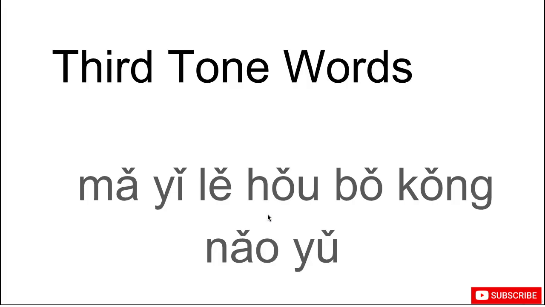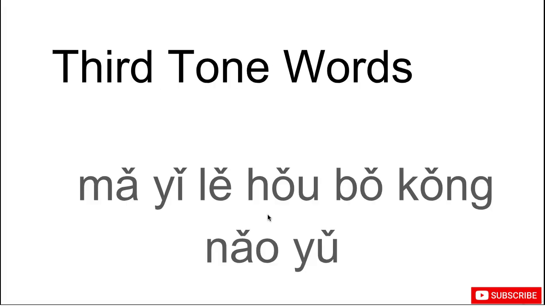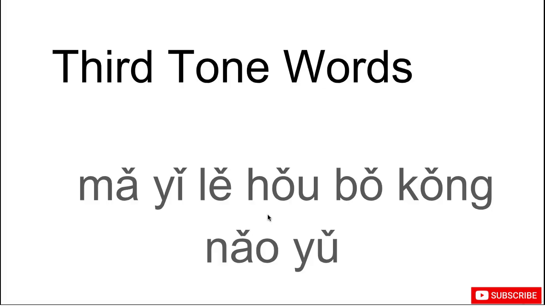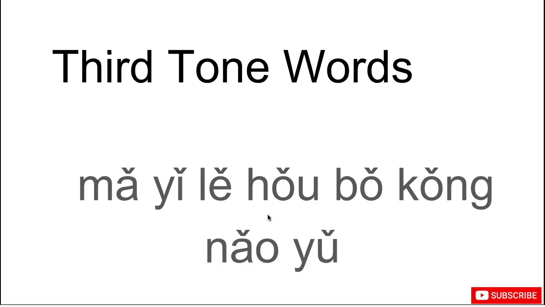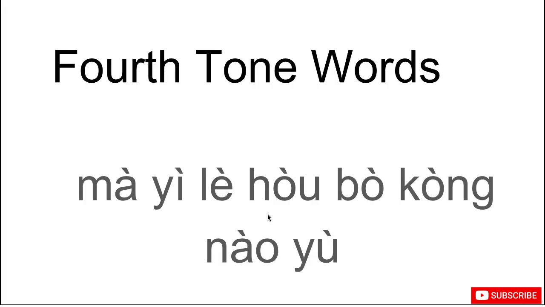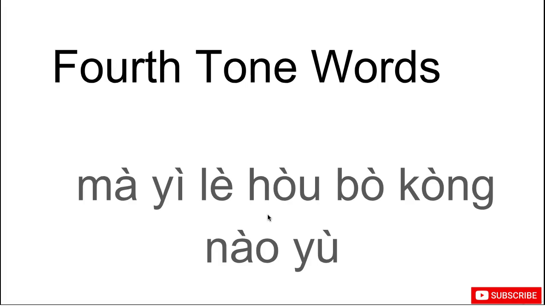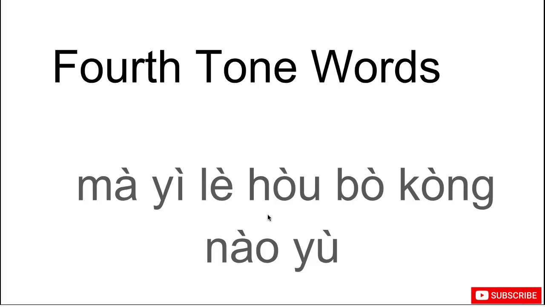Third tone reads: ma, ma, ma, ma, yi, yi, yi, yi, le, le, le, le, how, how, how, bo, bo, bo, bo, quand, quand, quand, now, now, now, now, you, you, you.